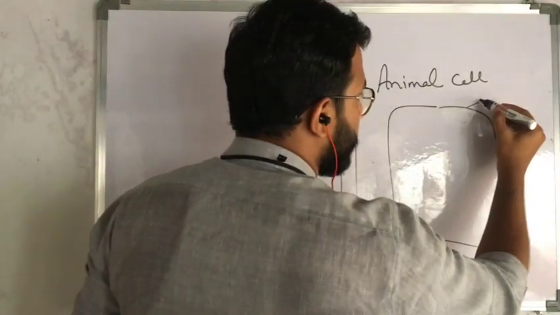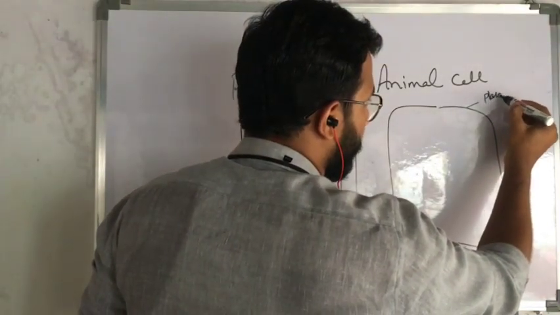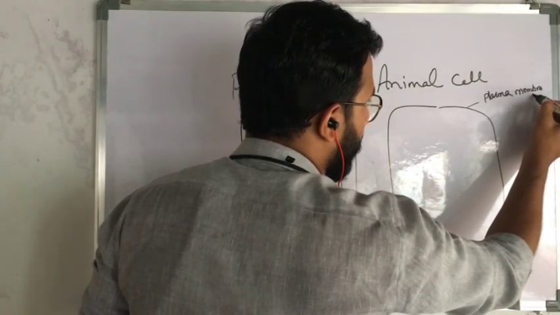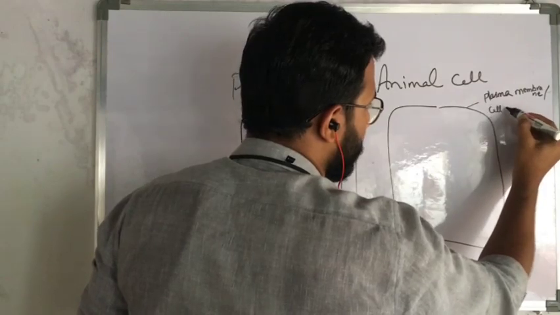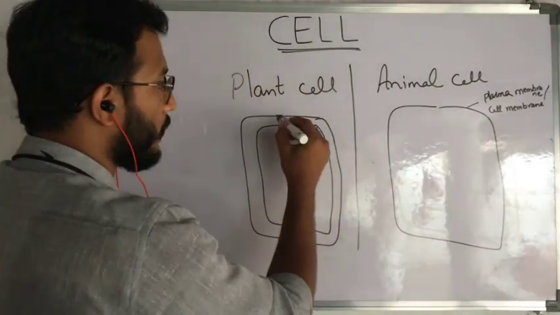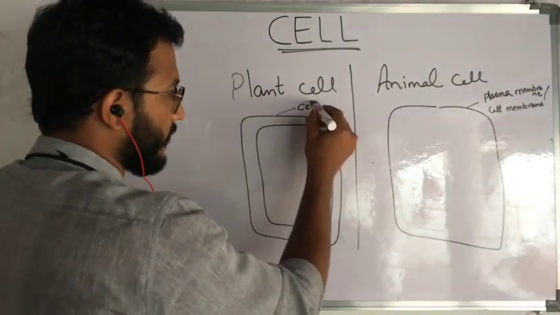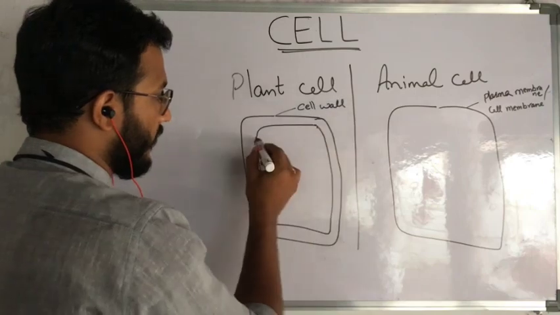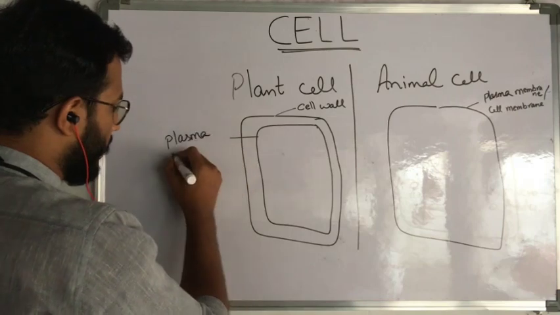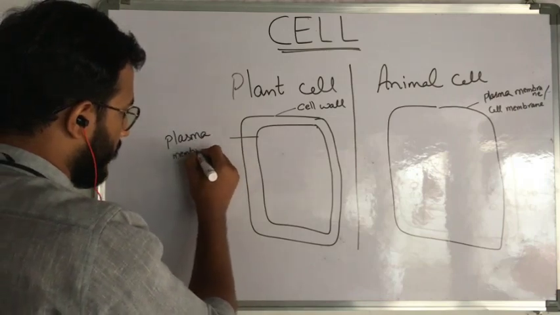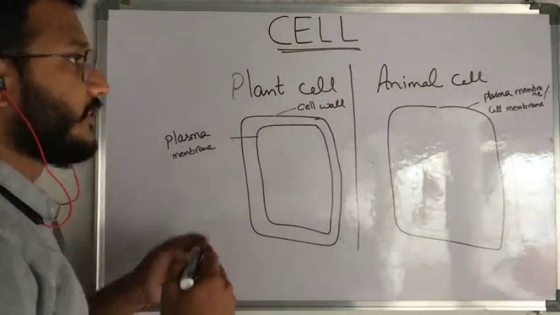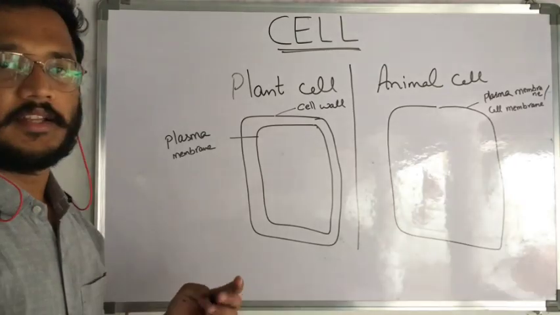This 1 layer is known as the plasma membrane or cell membrane, and the outermost layer of the plant cell is the cell wall, and inner to that is the plasma membrane.